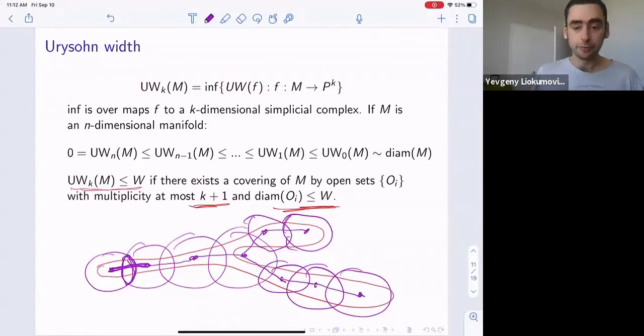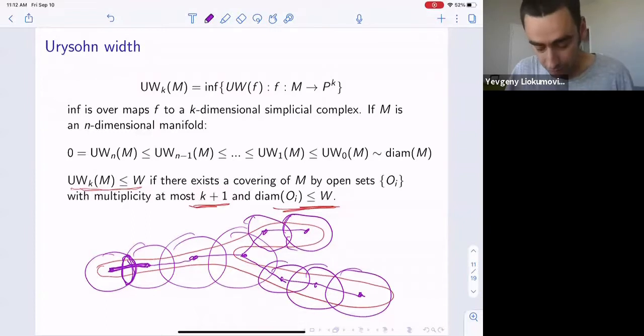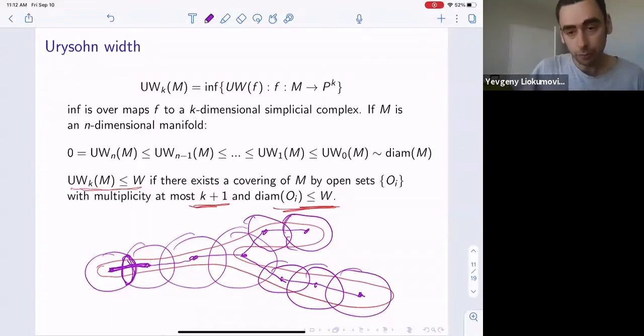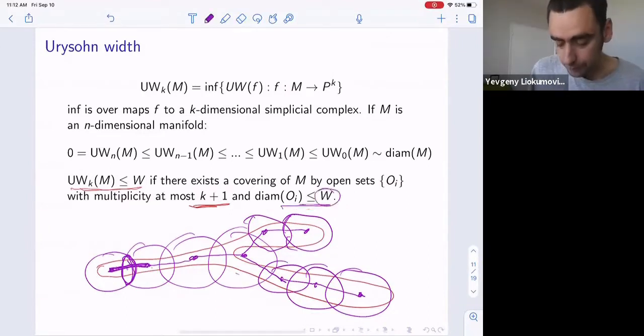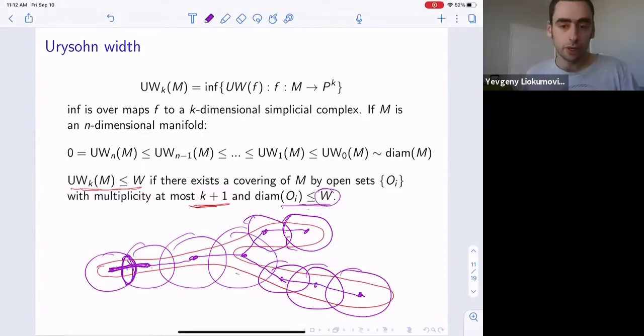And then using a partition of unity subordinate to this covering, you can define a map into the simplicial complex constructed in this way. And this map will have the property that the preimage of each point in the polyhedral complex will lie in one of those sets. So the size of the fibers will be bounded by this diameter. And in the other direction, if you have a map into a polyhedral complex, then you can cover this polyhedral complex by tiny open sets.